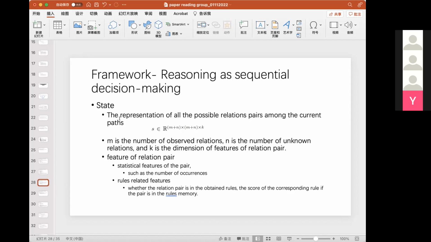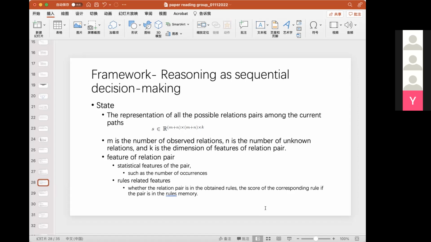Instead, they first say that we have a space which contains all possible relational pairs, and then for each relational pair, they create their own features based on the sample path.